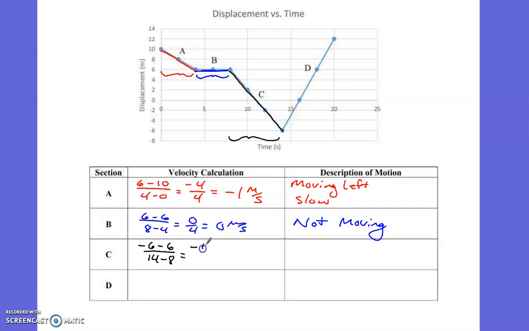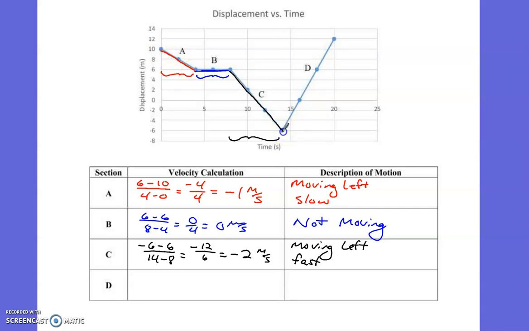So we have it went down by 12, and it went over by 6. Our slope or velocity is -2 meters per second. Here we see again that it is moving left, and we know that because the line is going down, and it's a relatively fast motion because that line is a lot steeper than line A.